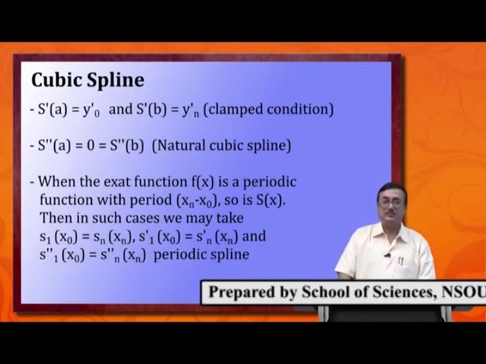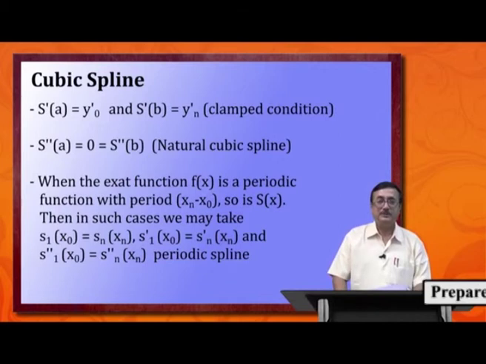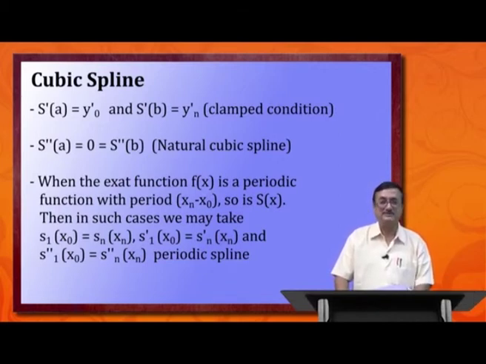So in this way, we can determine the cubic spline polynomial S(x) uniquely, which will take care of the value of the function at the nodal points, the value of the derivatives of the function at the nodal points, as well as the value of the second order derivative, that is the curvature of the function at the nodal points. Thank you very much.